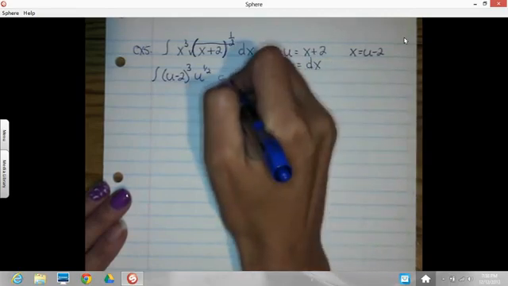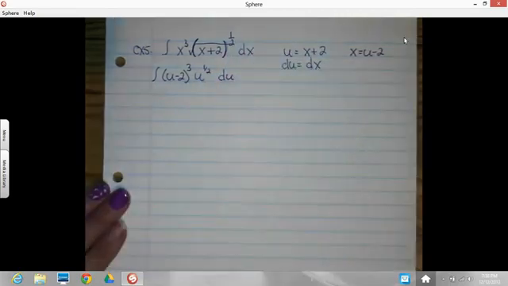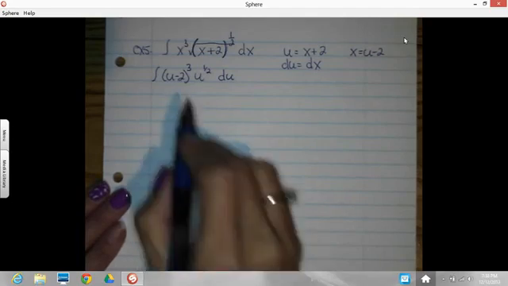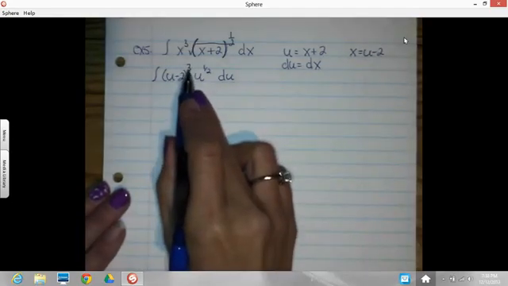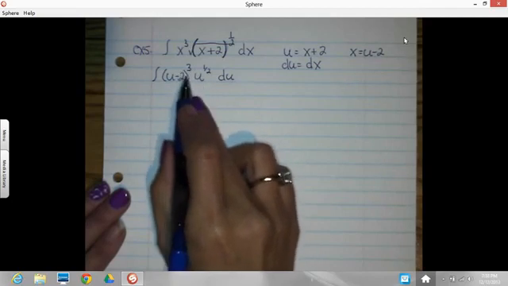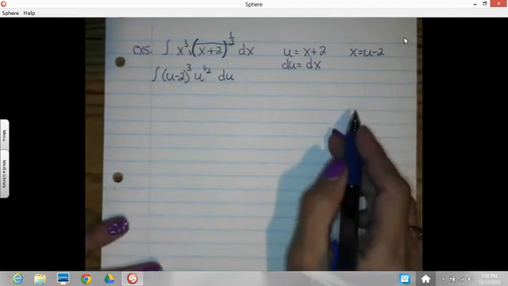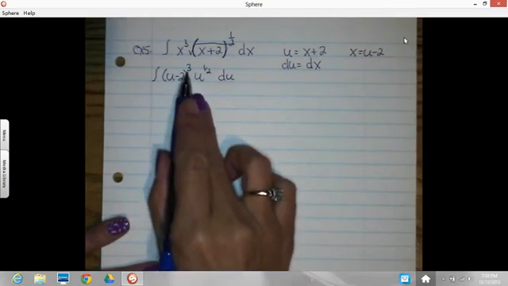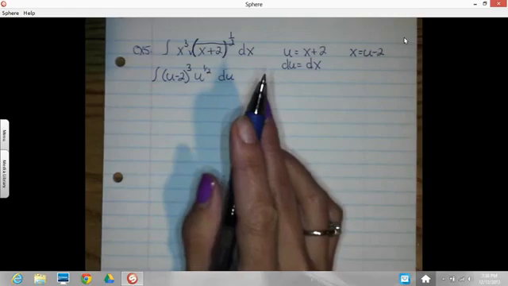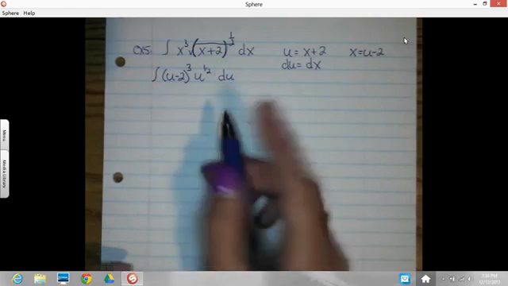Okay, I got a problem now because I still have an inside. I can't distribute this in here when there's a number out here that's not 1. It's a 3, so I can't distribute in. So the only option I have is to expand this so that I don't have an inside function. And I think I can expand it correctly today. I messed that up on the last section. I forgot my multipliers.